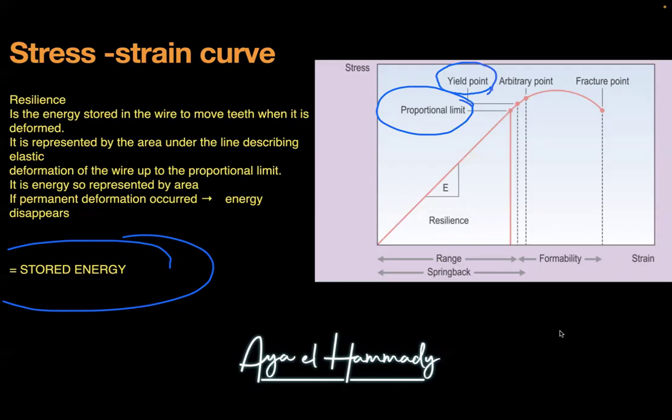If you are giving the wire more energy than it can withstand, after a while, it will give you the ultimate tensile strength. It will begin to be weakened. After that, if you are still giving the wire a lot of energy, it's going to be the fracture point. So here, the yield point is the first point you are going to notice that you have 0.1 deformity.